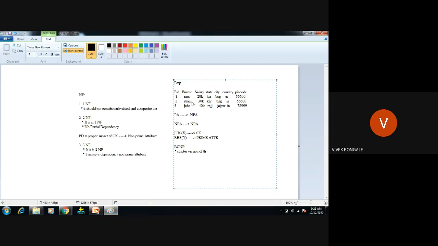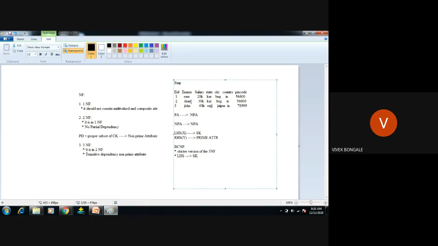The stricter version of the third normal form. And here we check only the left hand side. If the left hand side is a super key, then the table is not violating BCNF. If it is not satisfying the super key condition, then obviously the table is giving a Boyce-Codd normal form violation.